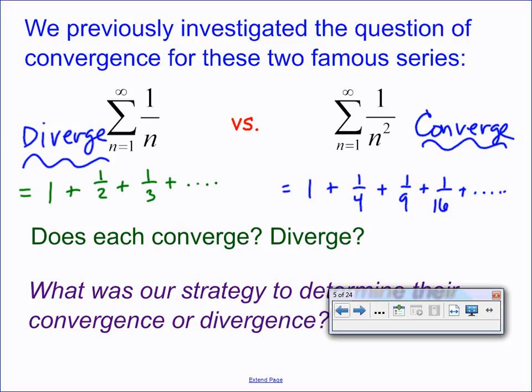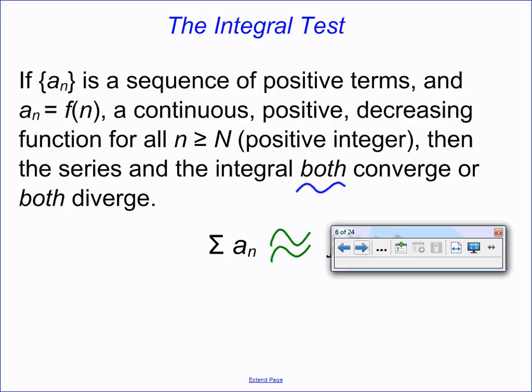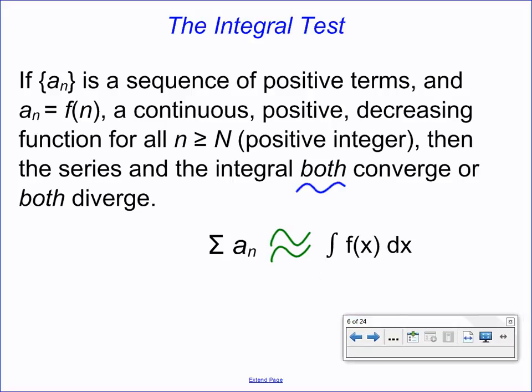It's some power function on bottom, and it's both one on top. So when we saw that first one diverged, we saw this one converge, and our strategy, Riley reminding us, was the integral test. So we can only use the integral test if we can model those term values with a continuous positive decreasing function.